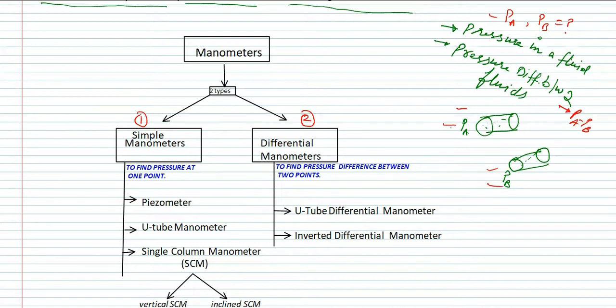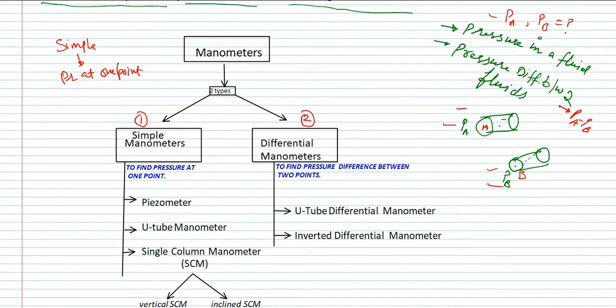Let's say this is point A and this is point B, so PA is the pressure at point A and PB is the pressure at point B. You can find any of these pressures, but you can find the pressure at only one point using simple manometers. So simple manometers mean pressure at one point.